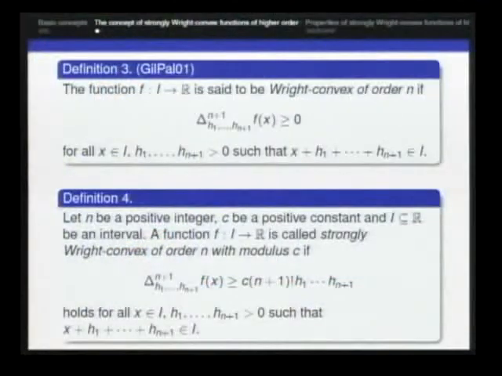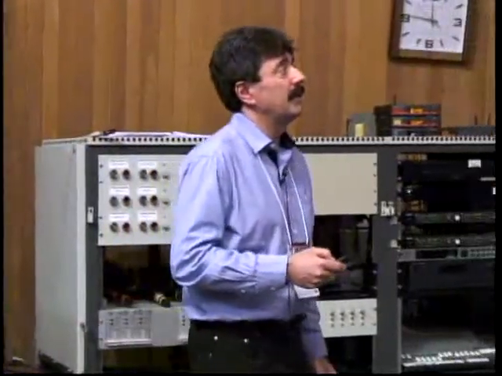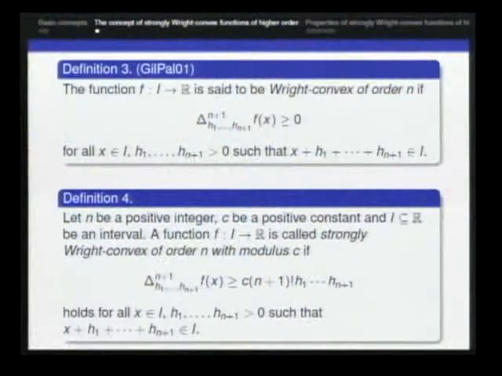Another remark to these concepts is that during the whole talk I will talk about strong convexity or strong convexity of higher order. However, if you omit the assumption of the positivity of C in all of the definitions, then you will get also some notions which make sense. And in fact, all the theorems I'm going to prove here are valid in this case.